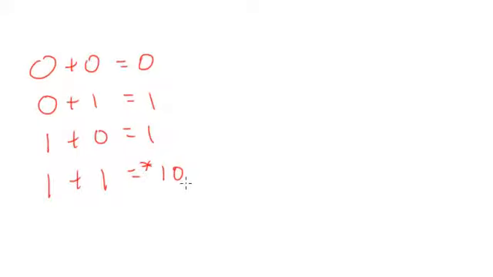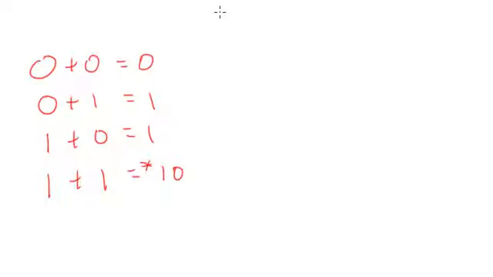It's 0, but then you carry the 1 to the next place. And now, with these rules, literally all you have to do is apply each of these rules to whatever case that you need, and the answer just kind of falls out. And like I said, it's really nice to be able to do that. It makes it a lot easier.